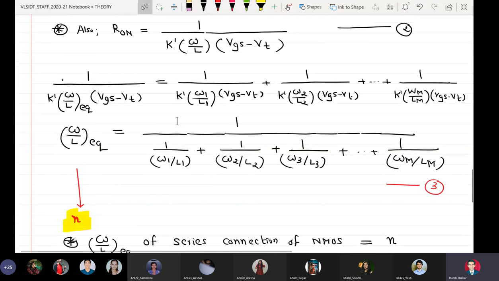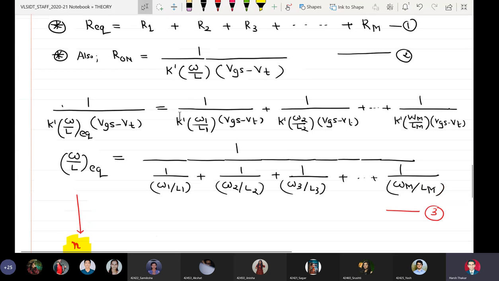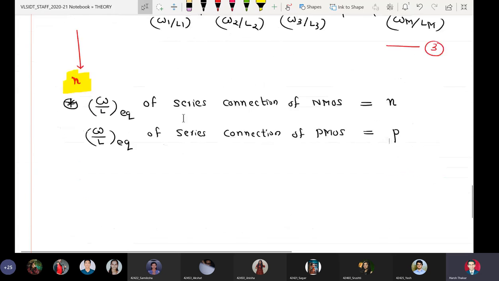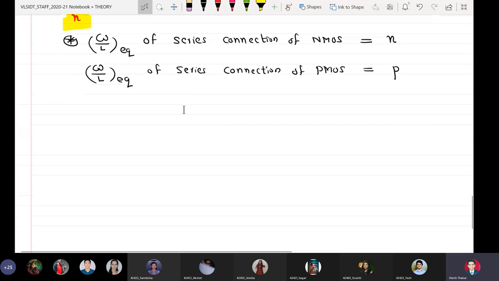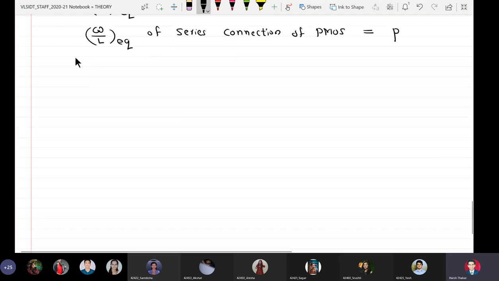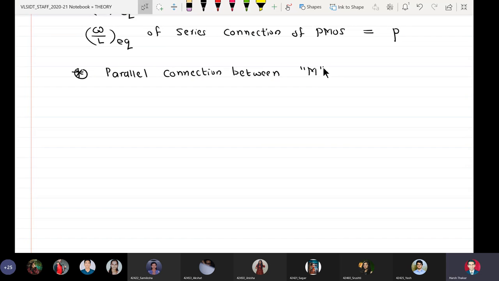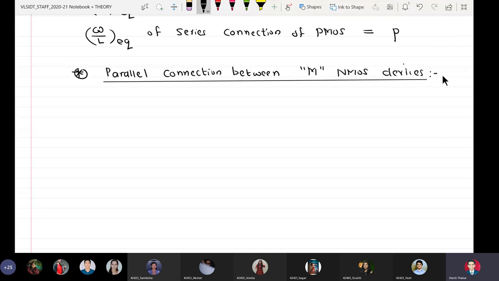Okay, so now we have equation number 3, which shows what the equivalent W by L ratio is if MOSFETs are connected in series. Now we go to what the effective W by L ratio is if they are connected in parallel. So, parallel connection between M NMOS devices.